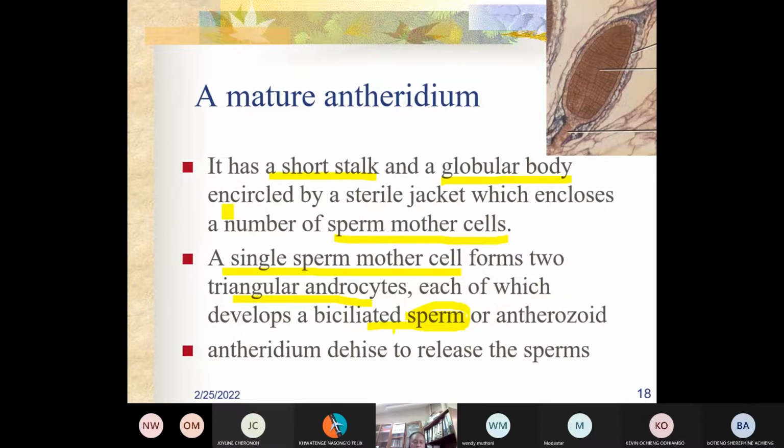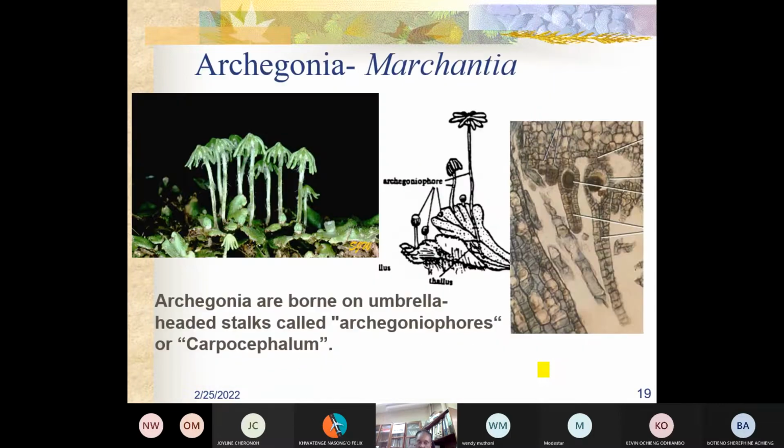So they form 2 cells. So that's a mitotic division. Now, once the antheridium has produced several of the sperm, then it will dehisce, it will break down its walls to release the sperm. So that was the antheridia.